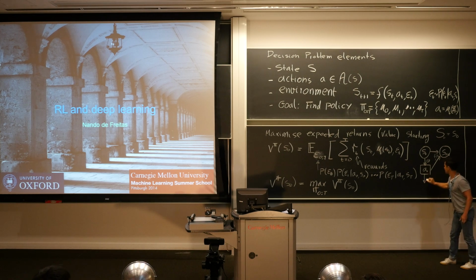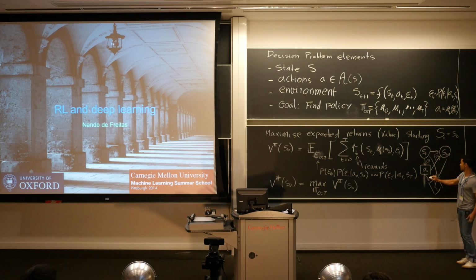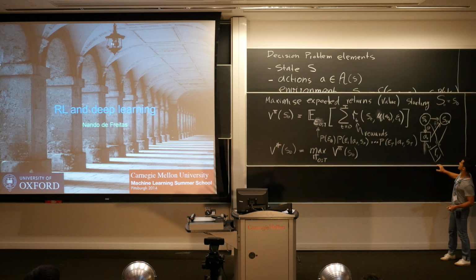And then I have a reward, which is a function of these three elements here, because this basically encodes epsilon, a, and s. This is called an influence diagram.